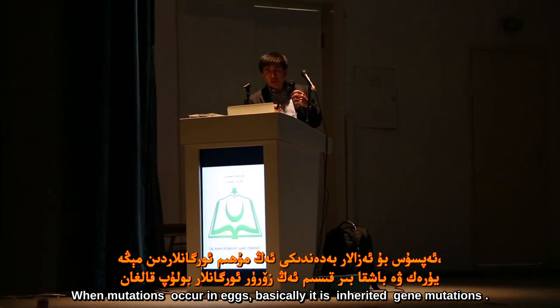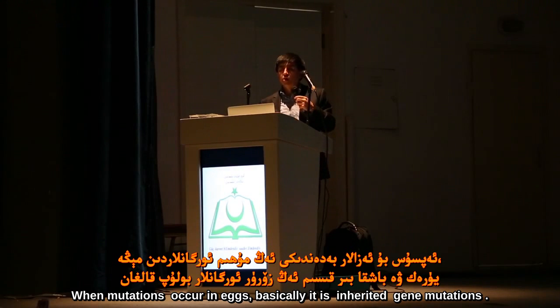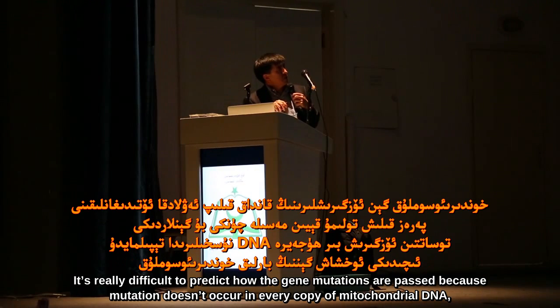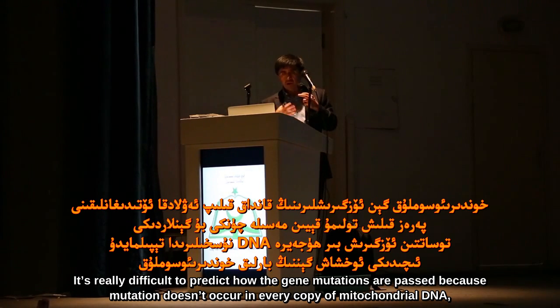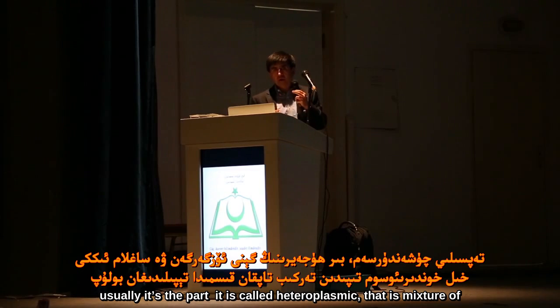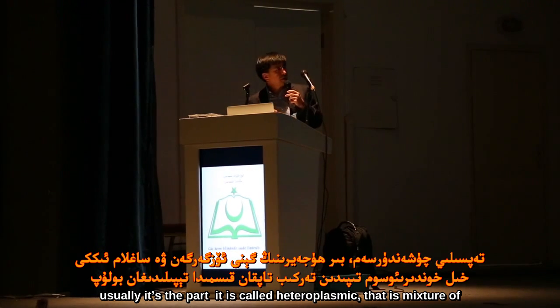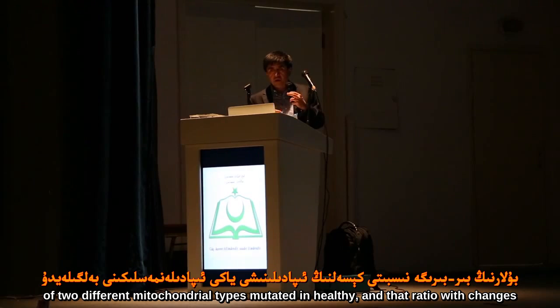When mutations occur in eggs, it's basically inherited gene mutations. It's very difficult to predict how they will be passed, because mutations don't occur in every copy of mitochondrial DNA, usually only in part, and it's called heteroplasmy. It's basically a mixture of two different mitochondrial types, mutated and healthy.